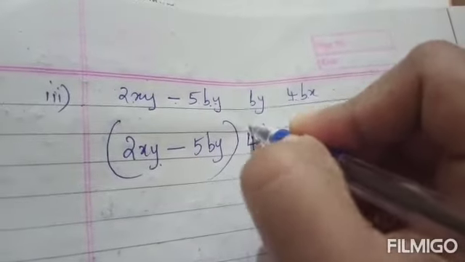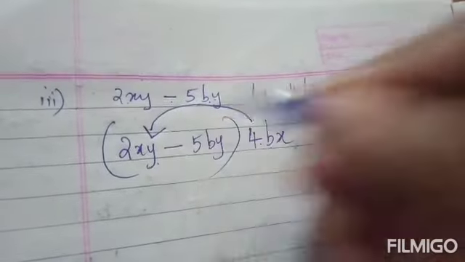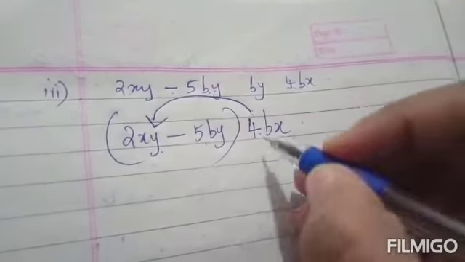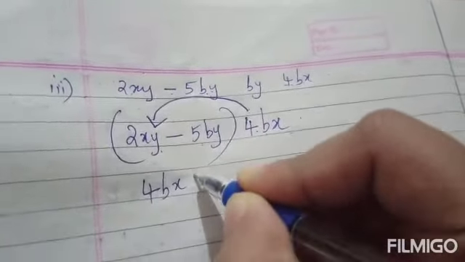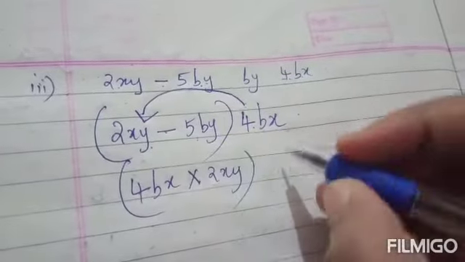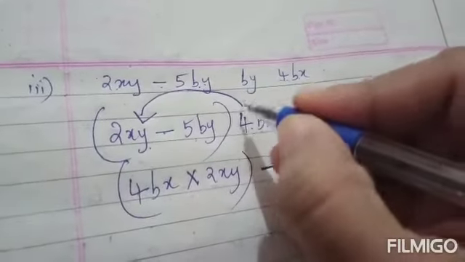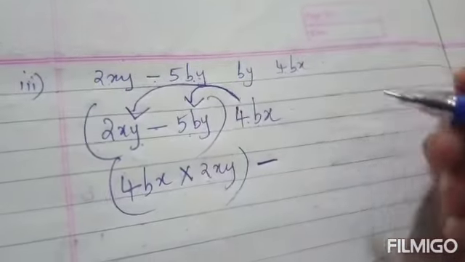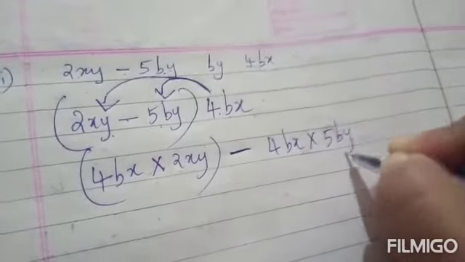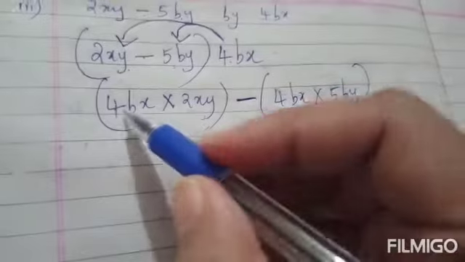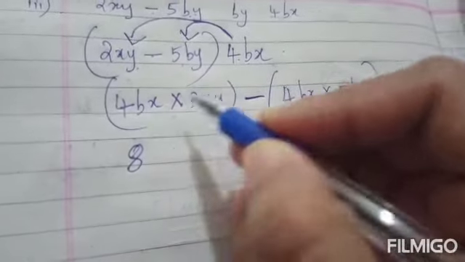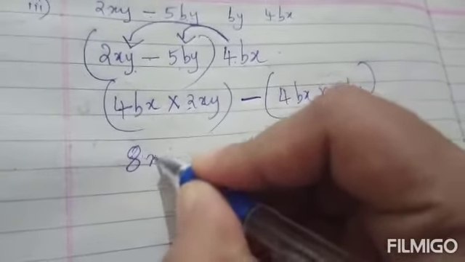So 4bx is multiplied by the first term 2xy first, then 4bx is multiplied with the second term 5by. So first 4bx into 2xy, in one bracket. Here the sign is minus, so put minus. Next 4bx into 5by, in another bracket. Then 4 into 2, it is 8. X into x, it is x square.